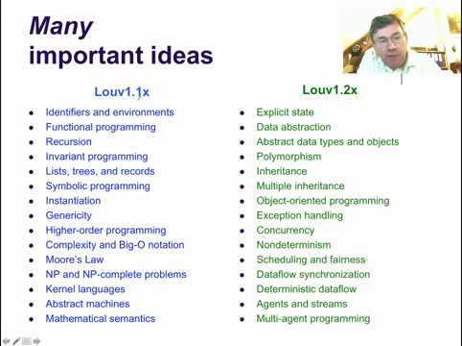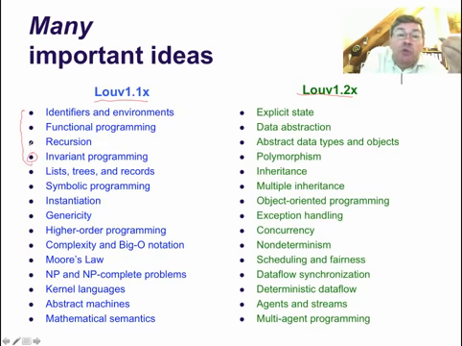On the left, we have the list for Louvain 1.1x, on the right for Louvain 1.2x. So here it starts, very simple: identifiers, environments, functional programming, recursion, invariant programming, the best way to do loops in any paradigm, important data structures, lists, trees, records, symbolic programming with other things than numbers, and then the foundation for all of the techniques of abstraction: higher order programming, genericity, instantiation.